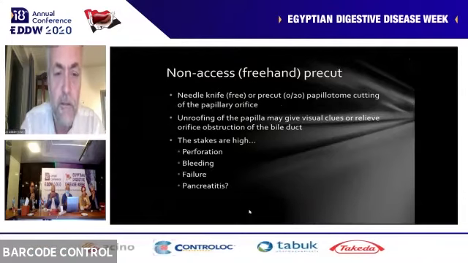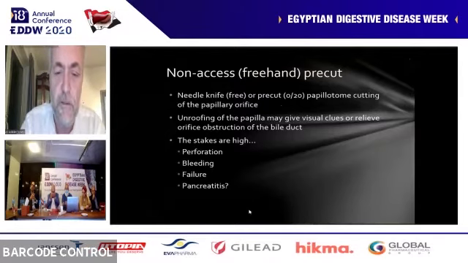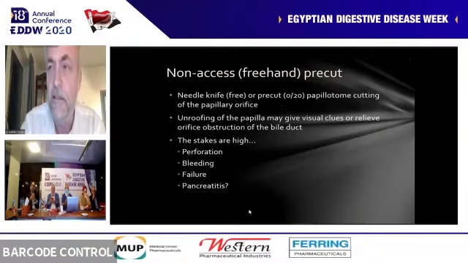But obviously, stakes are high here because there is a range of possible complications. And I think the most troublesome issue is that you need really to hit the center of the bulge perfectly and to hit the bile duct, because if you don't, then you will pass alongside it, and then you will continue cutting down deep and potentially perforate the duodenal wall.